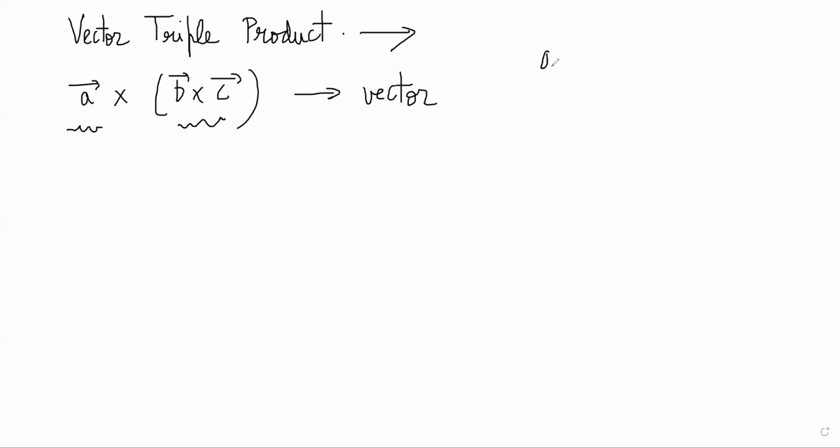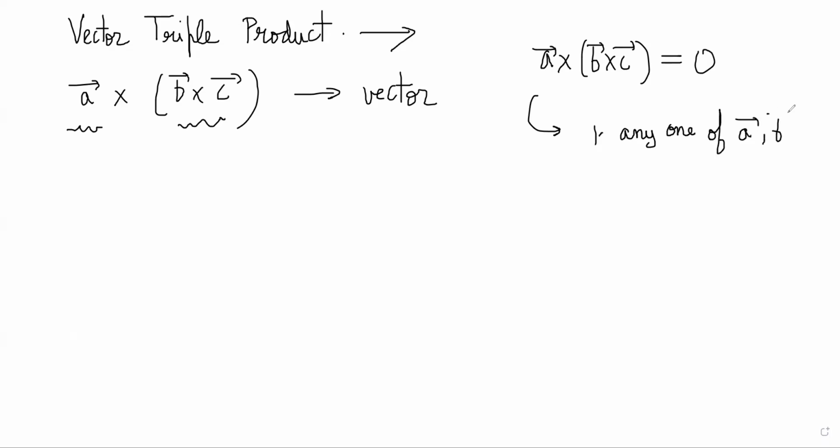Now, when is this going to be zero? Let's analyze that case. A cross B cross C is zero. What are the conditions? Any one of A, B, C is a zero vector. The second condition is B is parallel to C. If B is parallel to C, then this part becomes zero.